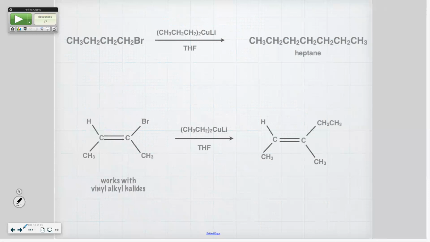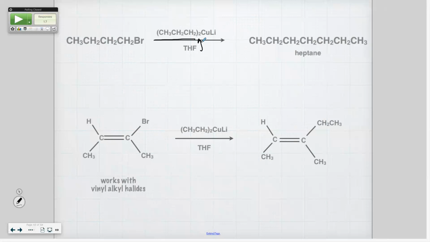All right, so what happens is you take an alkyl halide and you add that copper lithium. Notice it's 3 carbons 2 times. So this will actually allow you to use a 2-to-1 ratio, but only 1 gets put on the alkyl.